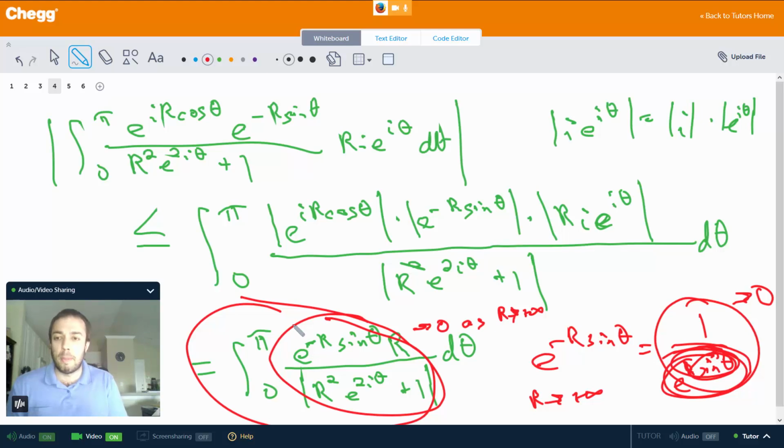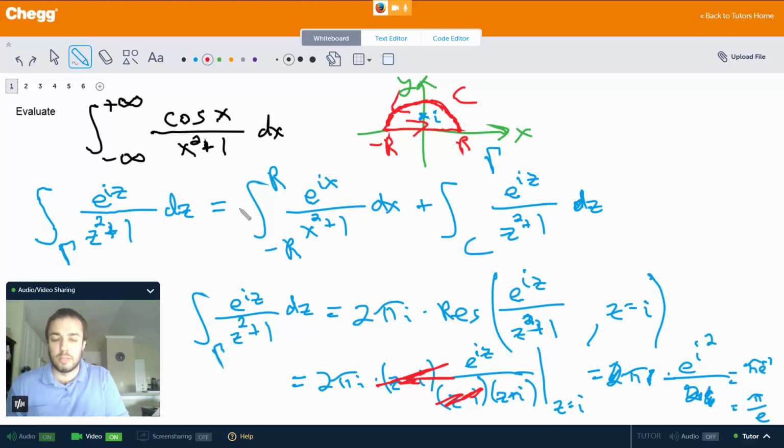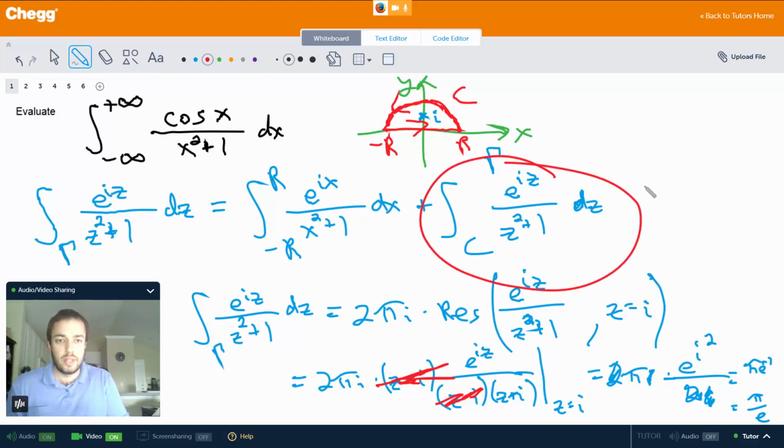And remember, this entire integral is actually a bound for this absolute value here, okay? Remember, we took absolute values here so that we can more easily analyze this. So actually what that tells us then is that this integral here, if we go back to page 1, this integral here goes to 0 as r goes to positive infinity, okay?